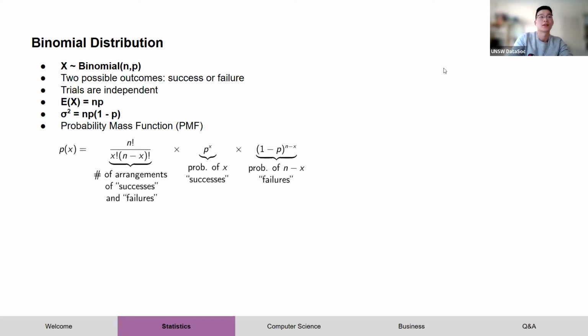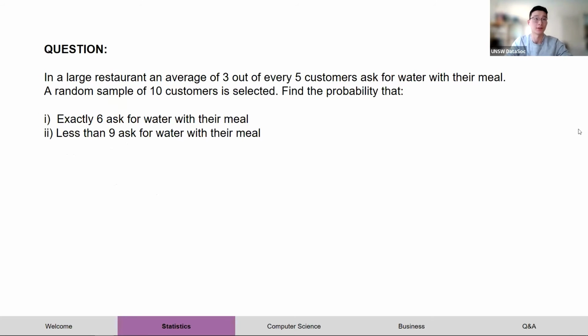Okay, so in terms of the binomial distribution, we'll show a quick question which shows you how to actually apply the PMF. In this situation, you have a restaurant where, if we define an outcome as successful if someone asks for water with their meal, then we know that on average, 3 out of 5 customers ask for water with their meal.